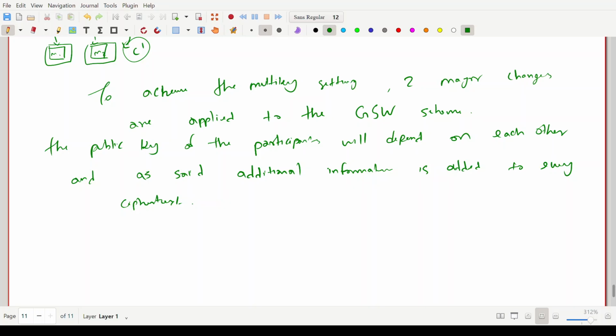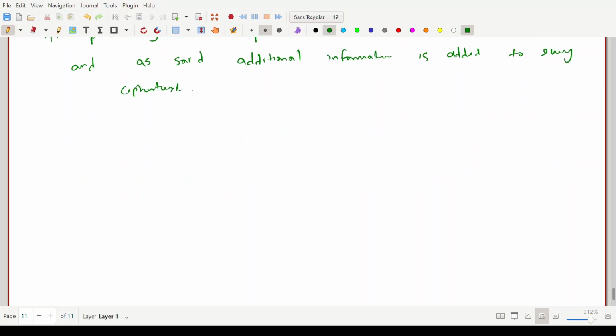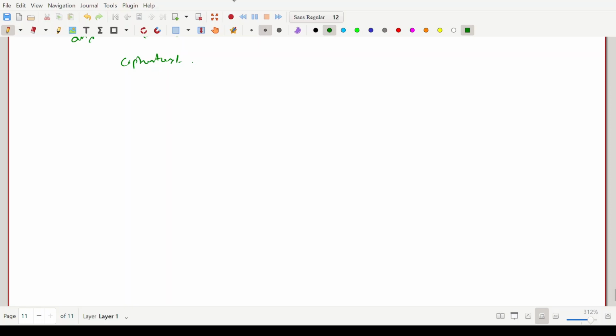So first let us see what these public and secret keys are, then it will be quite clear. The public keys of the participants will be related to each other in the sense that a part of them will be exactly the same.